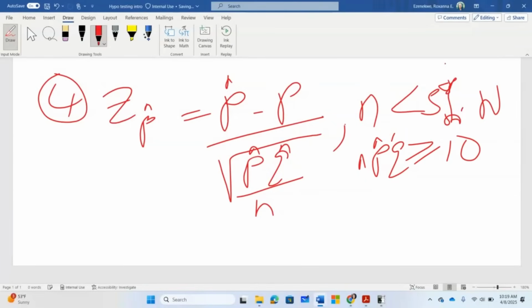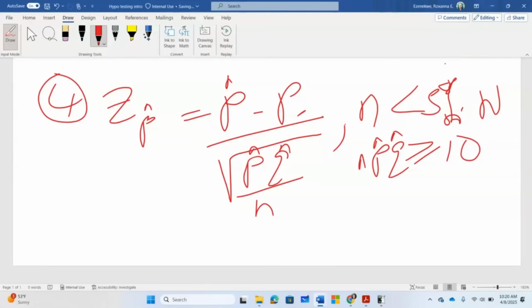Remember that this P hat and Q hat are from the sample, because you are actually looking for the population P. You don't know what it is. And remember that this P here is the population value, the one given to you, the one you are contesting.